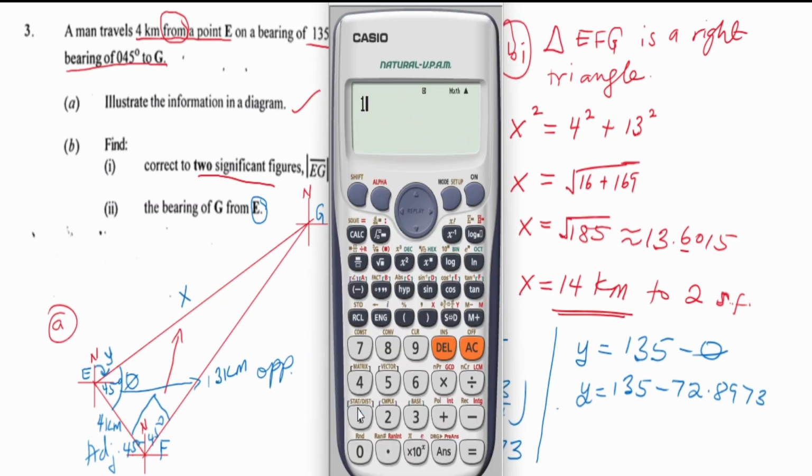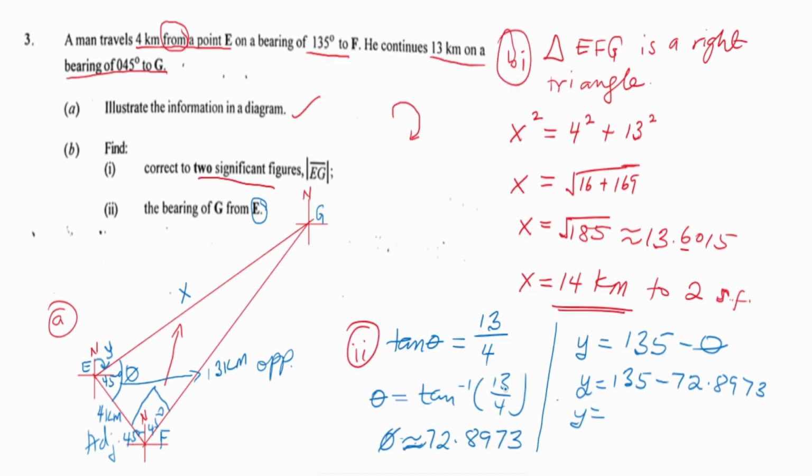So 135 minus answer, and that gives us 62.1027. Again, two significant figures will be 62 degrees.